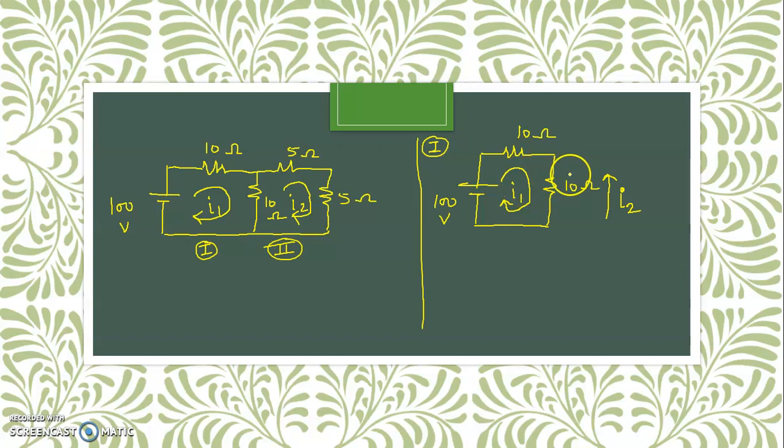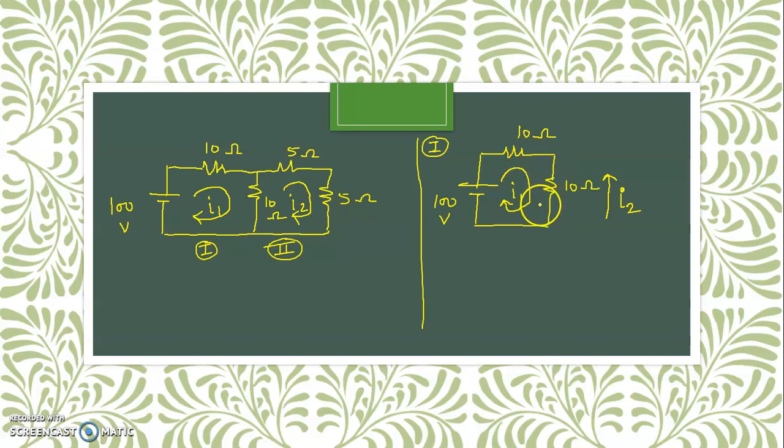Means I1 through this 10 ohm is downward, whereas this second loop current I2 through the same 10 ohm resistance is upward. So now how to write the expression? Just follow the current I1.